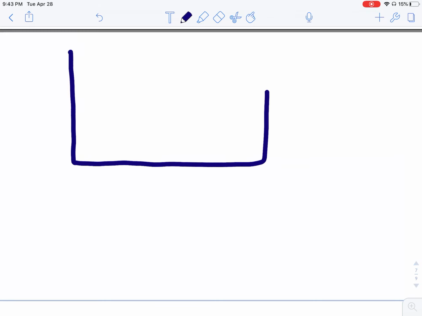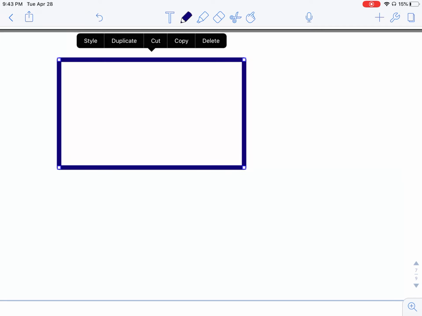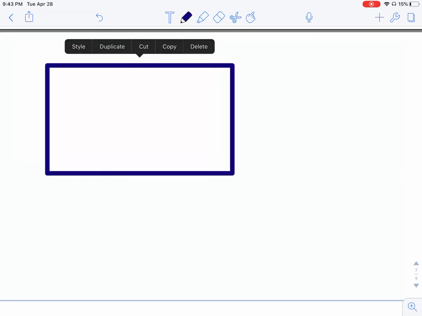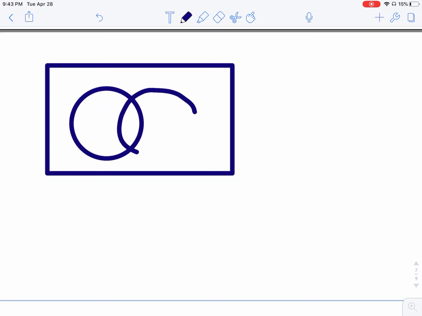So with the Venn diagram, let's see, that was crappy. Okay, you add a Venn diagram here, right?